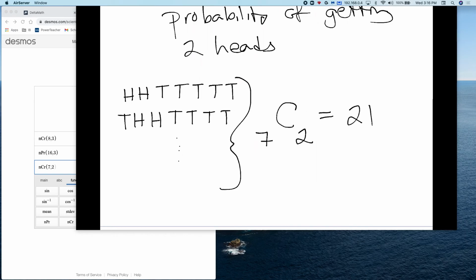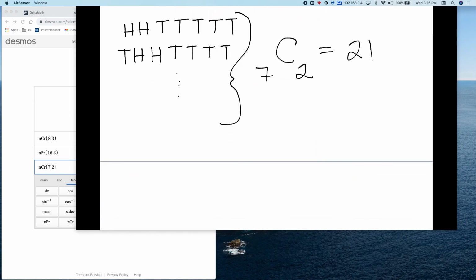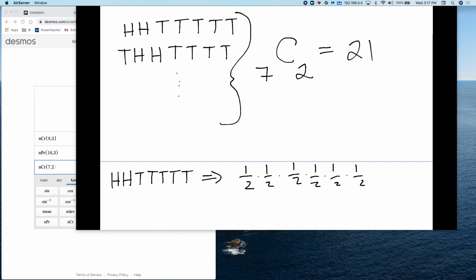Now notice, each of these things, heads, heads, tails, tails, tails, tails, tails, all has the same probability: 1/2 times 1/2 times 1/2 times 1/2 times 1/2 times 1/2 times 1/2.